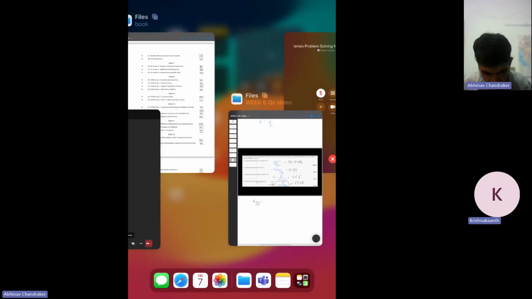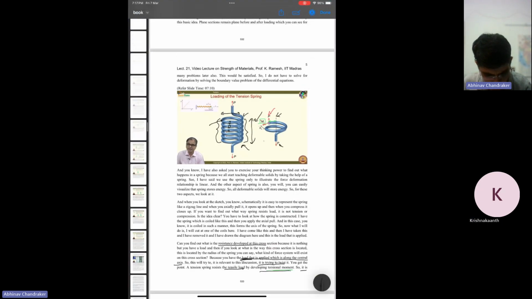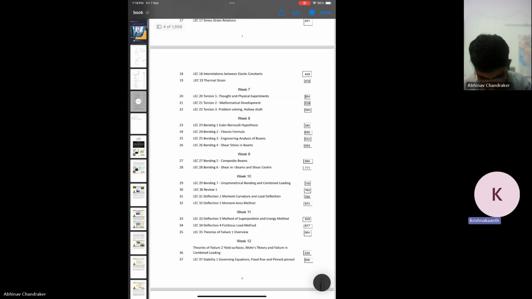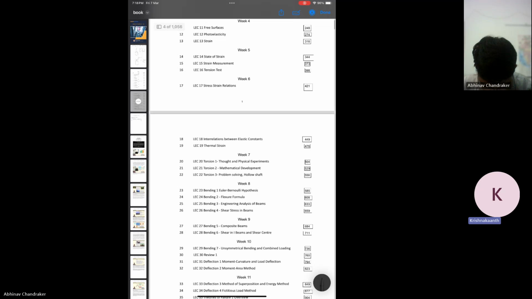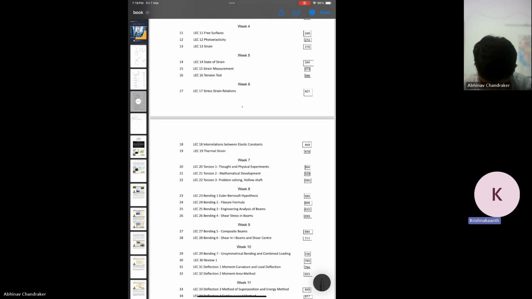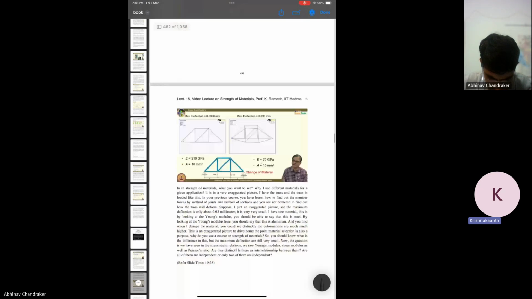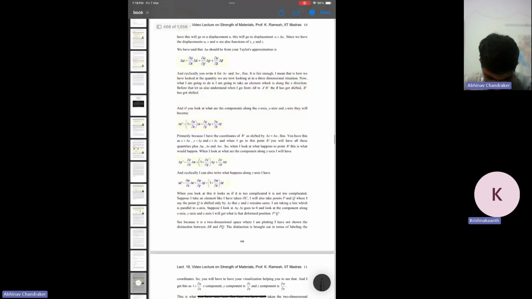I'll also go to the lecture and check. Bulk modulus K equals E by 3 into 1 minus 2 mu.